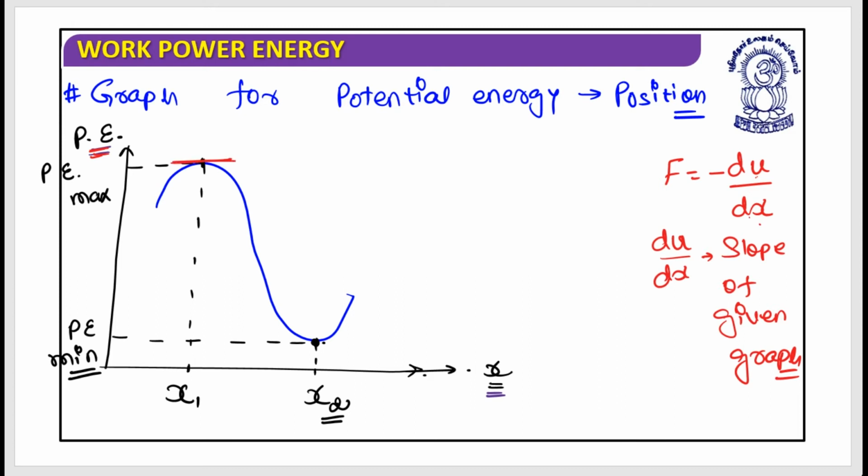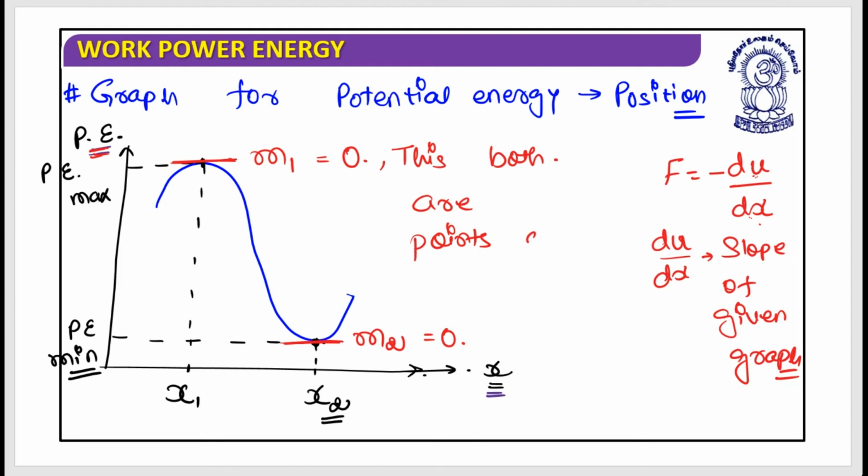At this point, the first location, call it m1, and at this point, the second location, call it m2, at both positions the slope is 0, and du by dx gives the force. That means I can say that both are points of equilibrium.